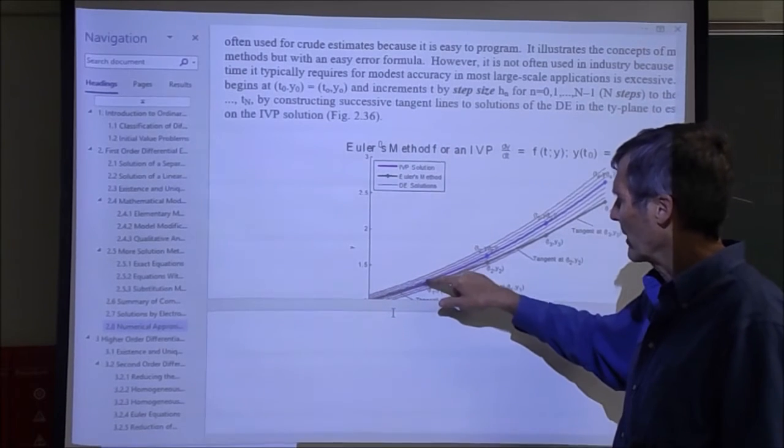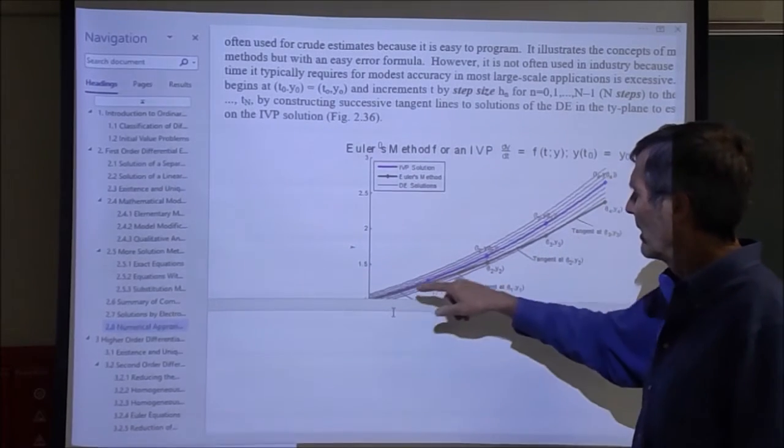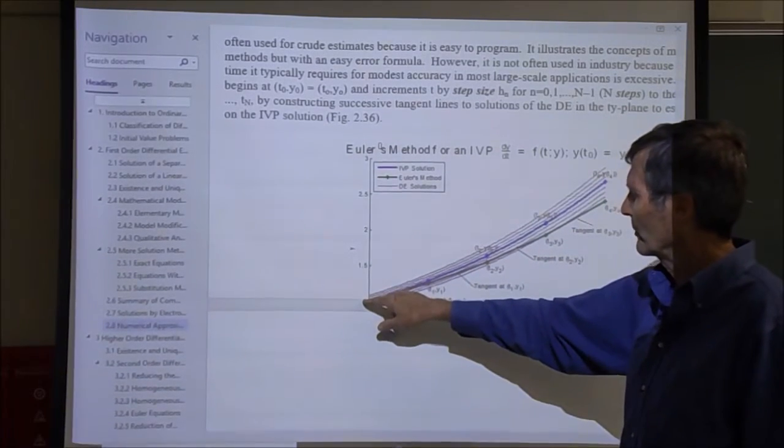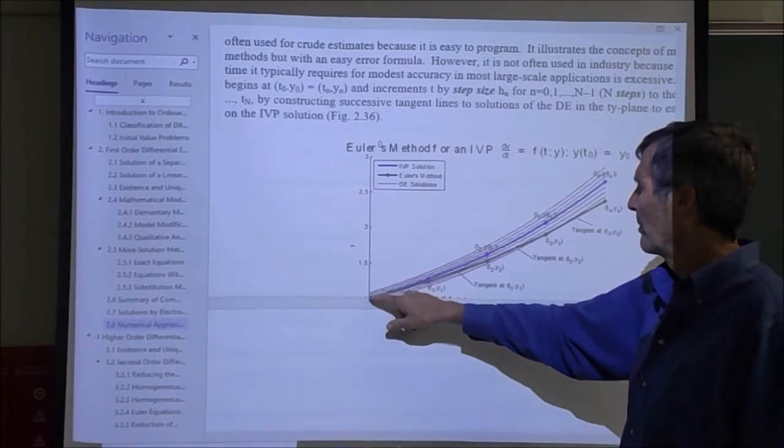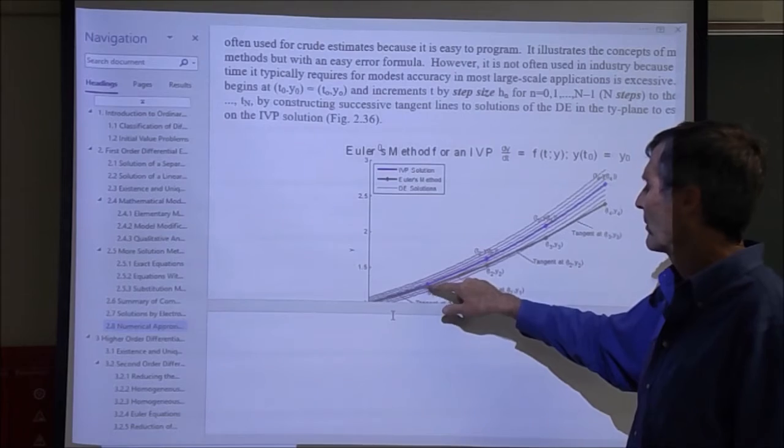If I take this tangent line, it almost lands on the next point in the solution. So this blue line is the solution you want. It's the solution of the differential equation that goes through your initial value here. But if you just take a tangent line and go to here instead, you're almost on the solution. Now you're on some other solution.